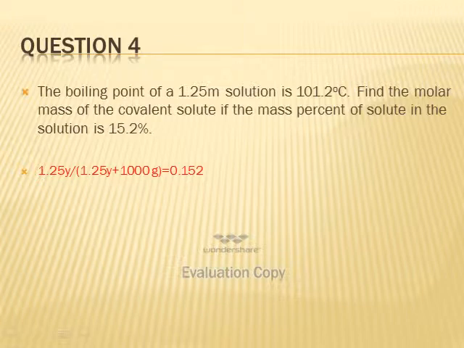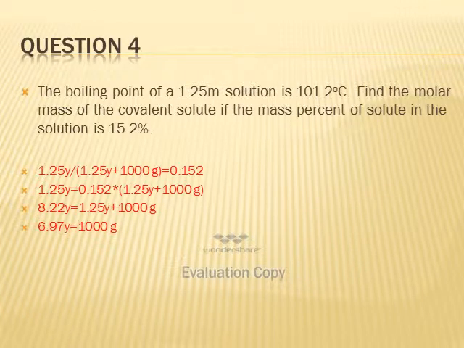So 1.25y divided by (1.25y plus 1000 grams) equals 0.152. We are able to simplify the equation and solve for y. It takes a while to do it, but eventually our y is equal to 143 grams per mole.